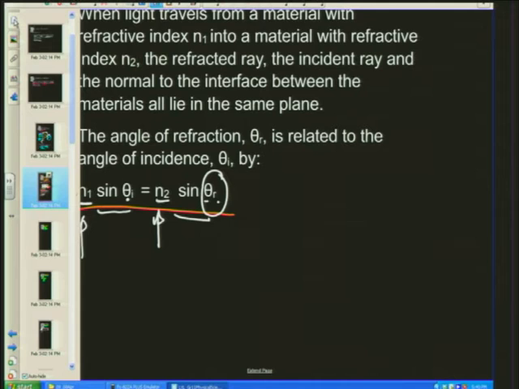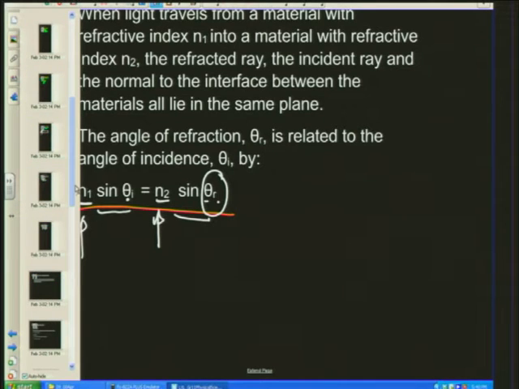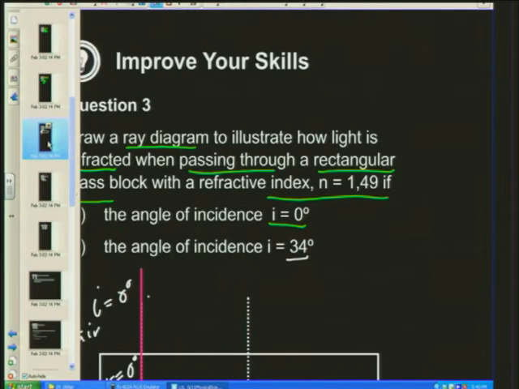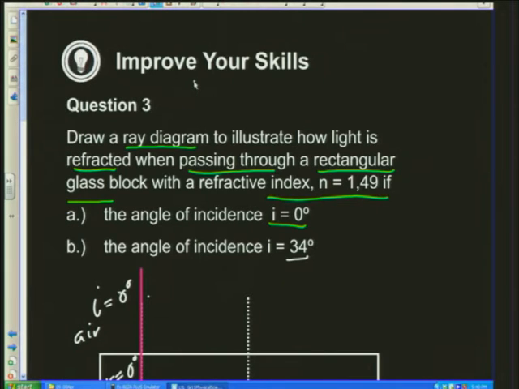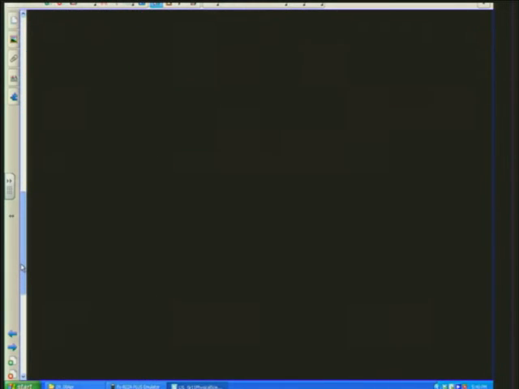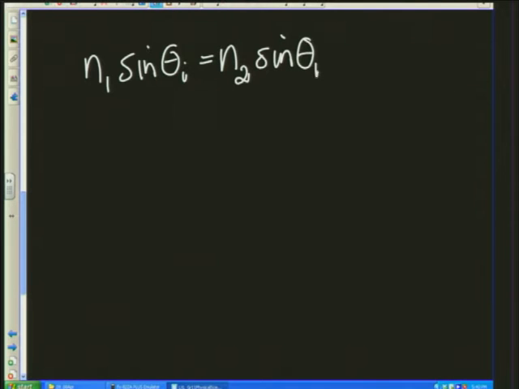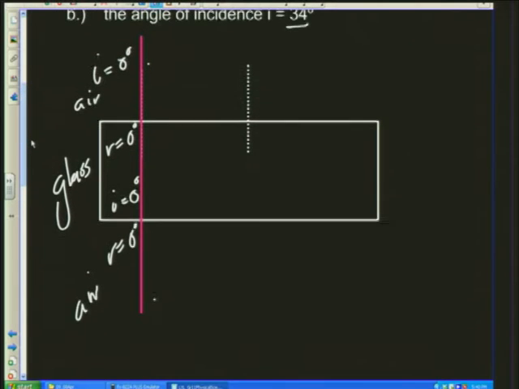So let's go back to our question. Even though they haven't asked for us, I want to do it accurately. So I want to put down Snell's law here. And I'm going to say Snell's law says N1 times sine theta I is equal to N2 sine theta R. Now, what are we given in this example?